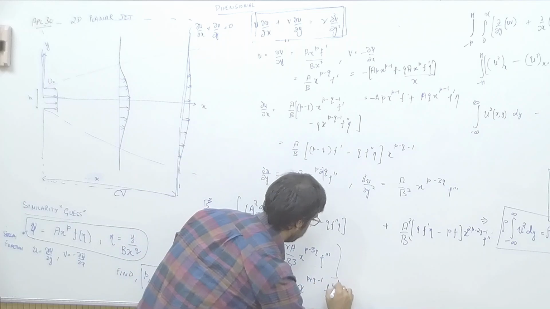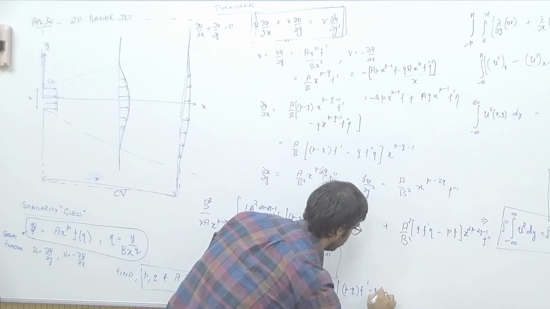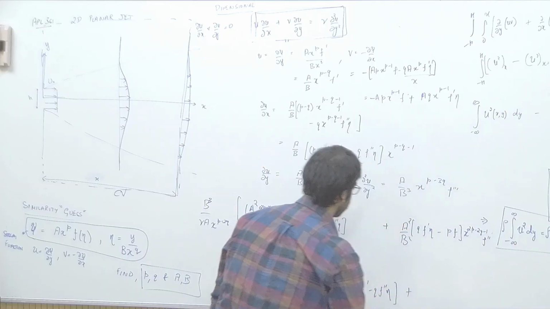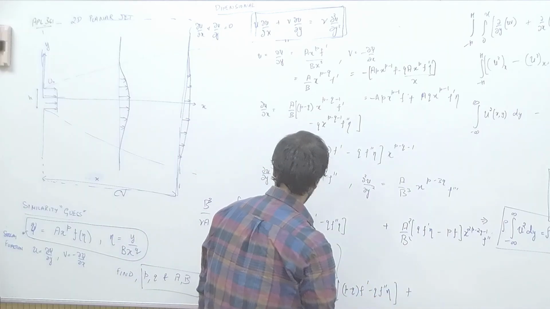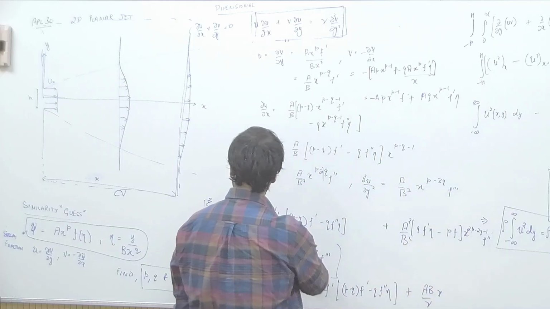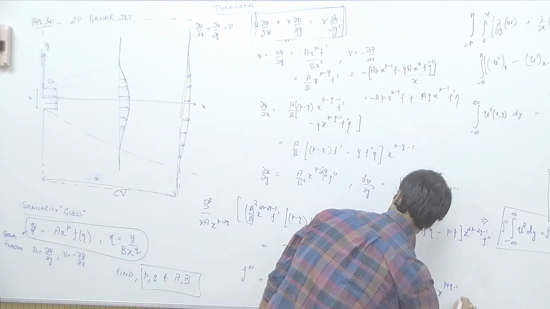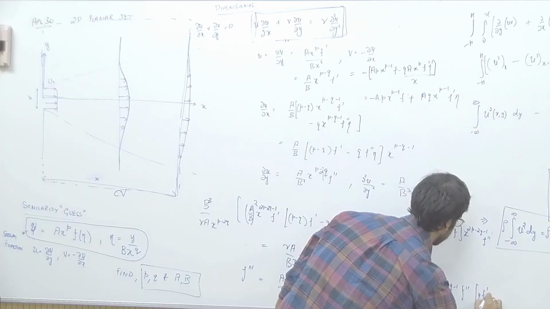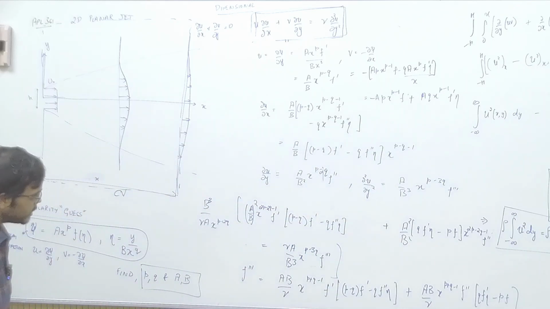f prime, p minus q f prime minus q f double prime eta, plus again ab over nu x to the power p plus q minus 1 f double prime, f prime eta minus p f finally.